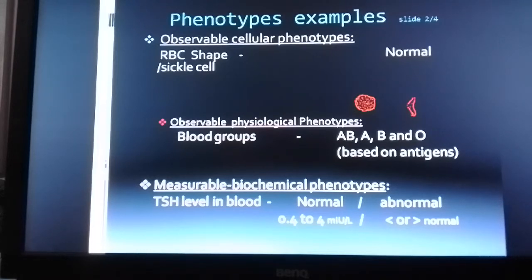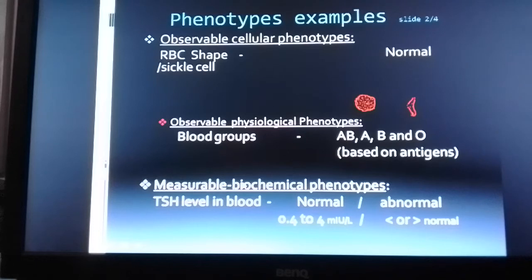Anyway, here in what way they are expressed, that is said to be the phenotype, the external expression. External in the sense it may be inside the body or outside the body. So now here you see, you can distinguish the individuals based on the blood antigens as the individuals with AB phenotype, individuals with A phenotype, individuals with B phenotype, individuals of O phenotype, that way.